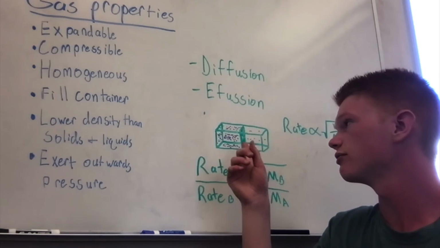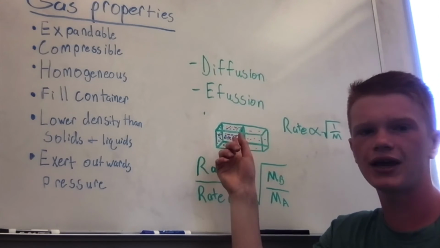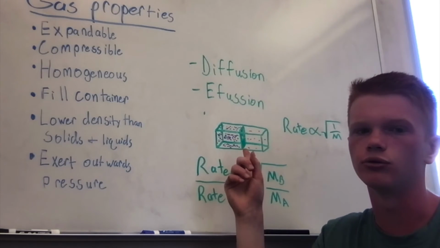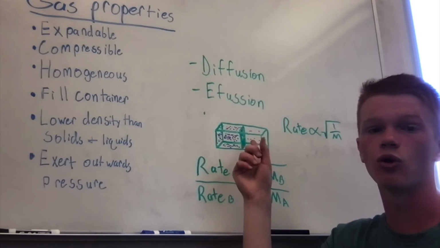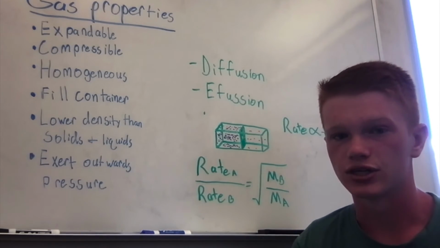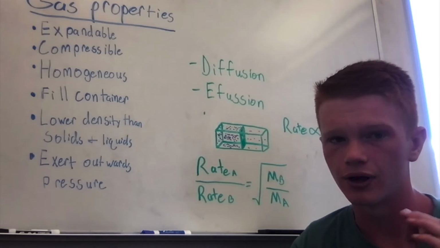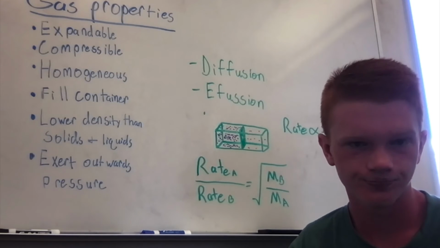So this picture of effusion is when you have an area of high concentration of gas, the gas is represented by the blue dots, and then a low concentration of gas. And this is a wall with a very small hole in the middle. So effusion is diffusion, but the molecules are diffusing through a very tiny hole in a container.